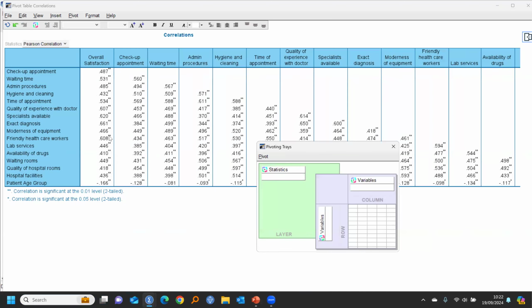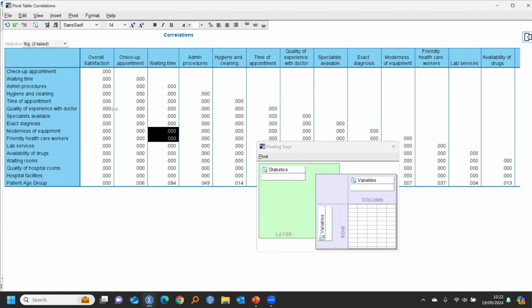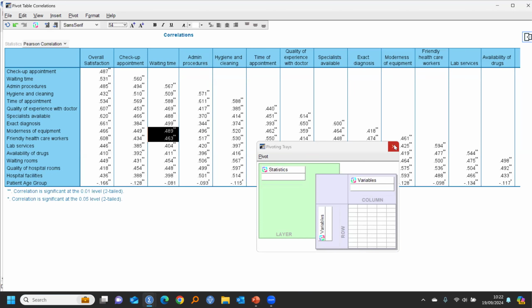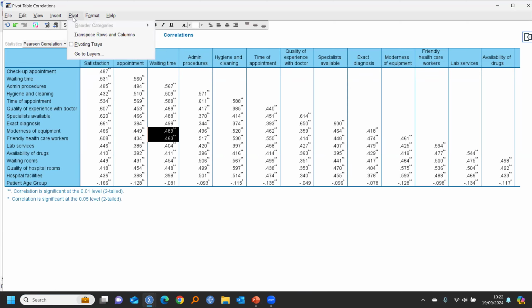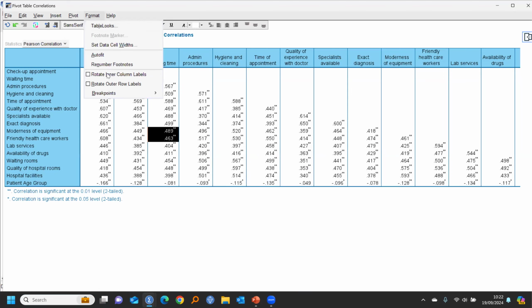Now I can only see the correlations themselves, not the significance value, which isn't necessarily that interesting. We're really interested in the strength of the relationship. You can start to play around with it, pivot it, and change how the table looks.